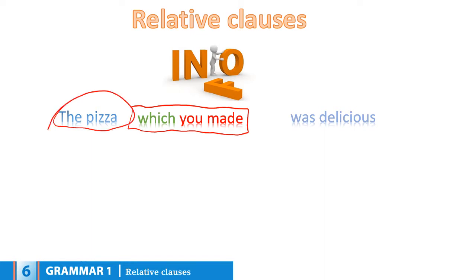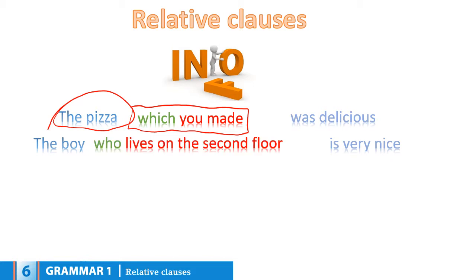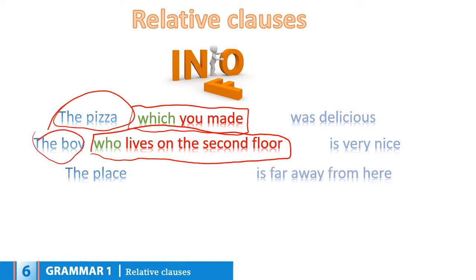Let's see another example. The boy is very nice. But what boy are you talking about? The boy who lives on the second floor. Okay, I get it. Thanks to this extra information, I know who the boy is. All right, good.